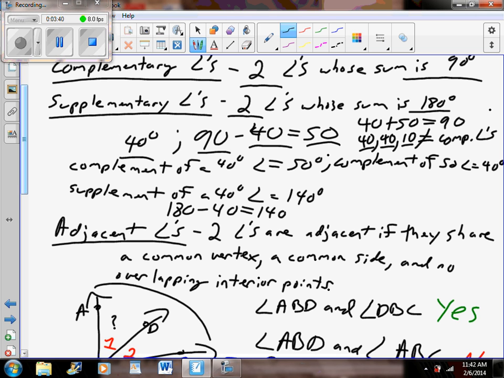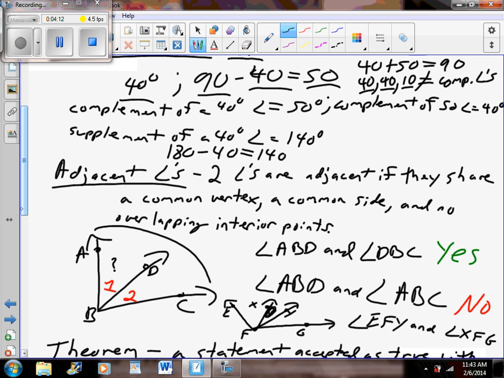Adjacent angles are two angles that are said to be adjacent if they share a common vertex, a common side, and no overlapping interior points. Basically, that means you can't have one angle contained within another and then be considered adjacent. I mean, you can have that, but they're not by definition called adjacent angles.